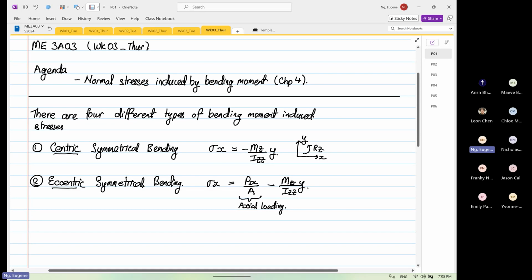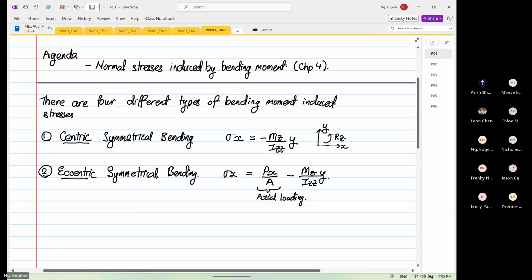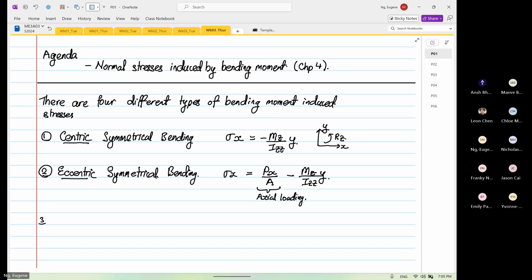The third type is very commonly seen, and I'll write down the associated formula. It's what we call centric, but now it comes to be unsymmetrical bending.